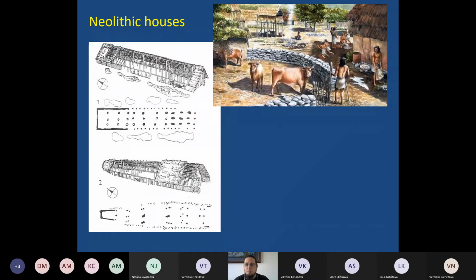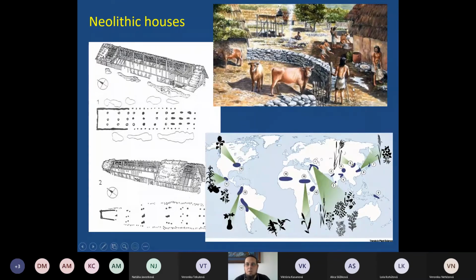But this is how maybe a settlement of the Neolithic period looked like, with some fence or hedge for cattle and people actually farming, with barns in here, and various crops appearing gradually all around the world, with rice and wheat too, with some African crops, and in America very different, of course.